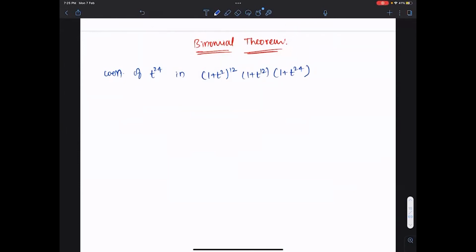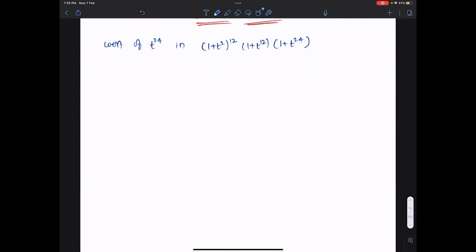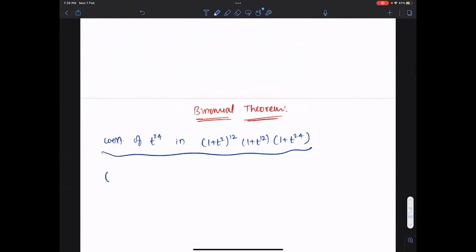Now, what you need to understand is how the multiplication works. Because if you understand this, any questions like this can be solved. For example, you see questions like x plus 1 by root x whole power 10, find the coefficient of x power 3 or something like that.